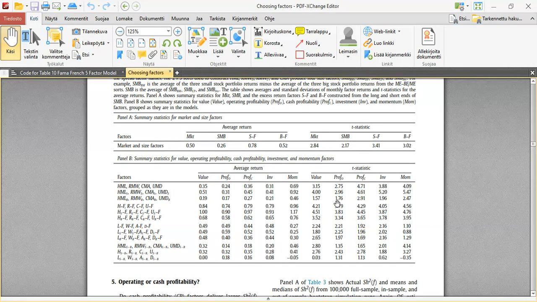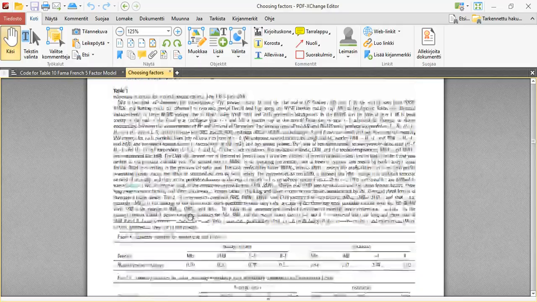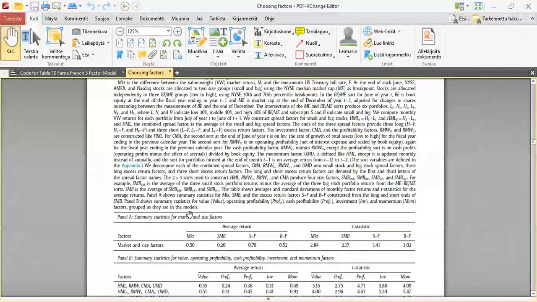And only the payoffs for cash profitability, for the investment factor, and for the momentum factor have T statistics that indicate statistical significance on at least a 5% level. So that's basically the important thing to know from Table 1.